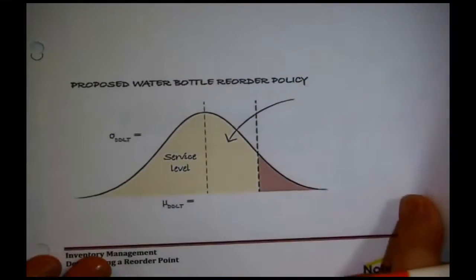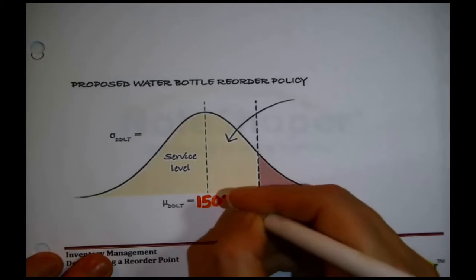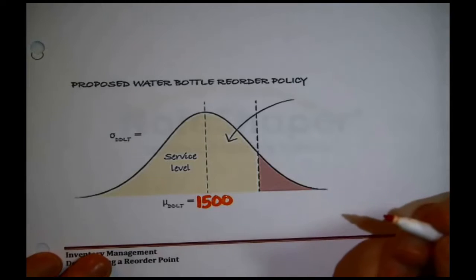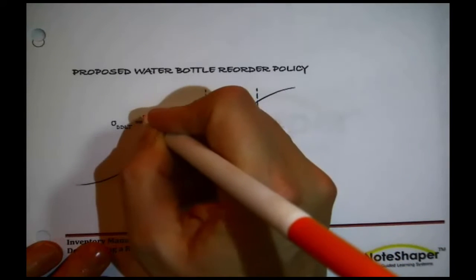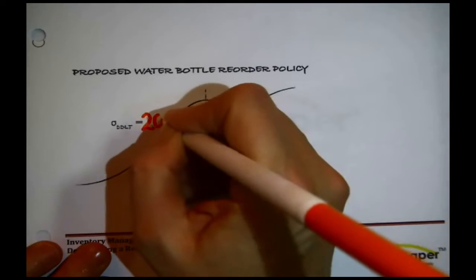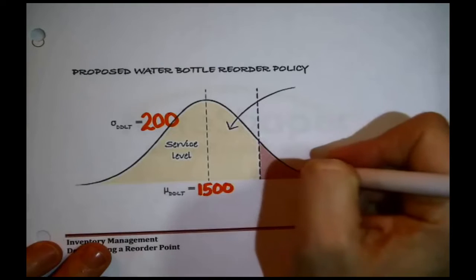Demand during lead time for bottled water varied. They needed on average 1,500 bottles of water while they waited for a new order to arrive. The standard deviation that described that degree of variation was 200.